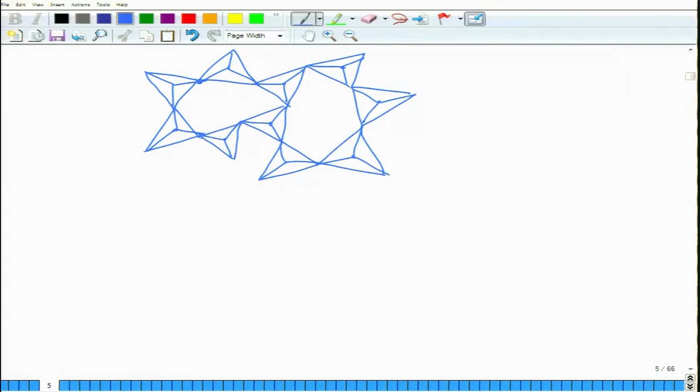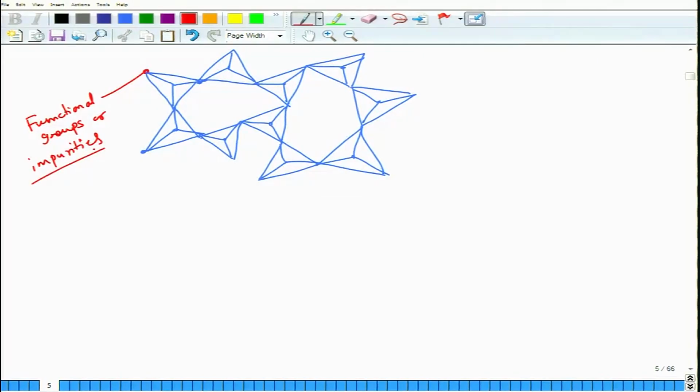In this case you do not see a neighboring polyhedron. This may have a sharing, but this will not have a sharing. So, what happens in these cases is you attach what we call functional groups or impurity oxides.